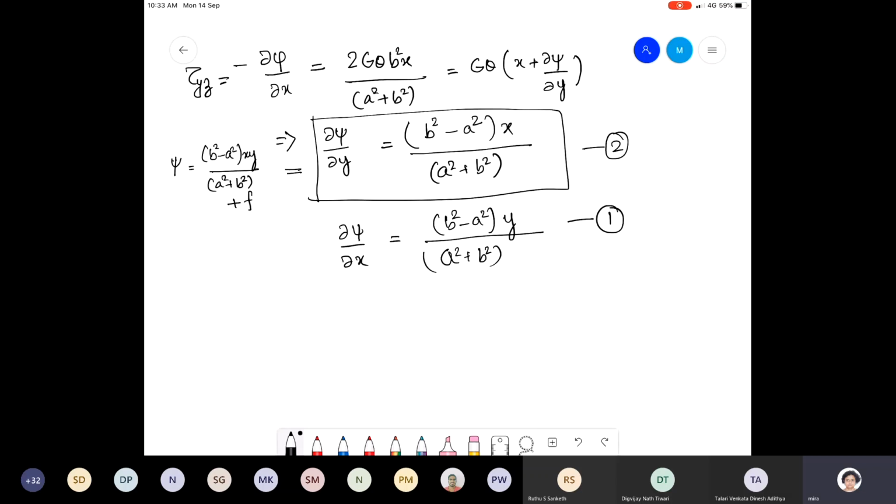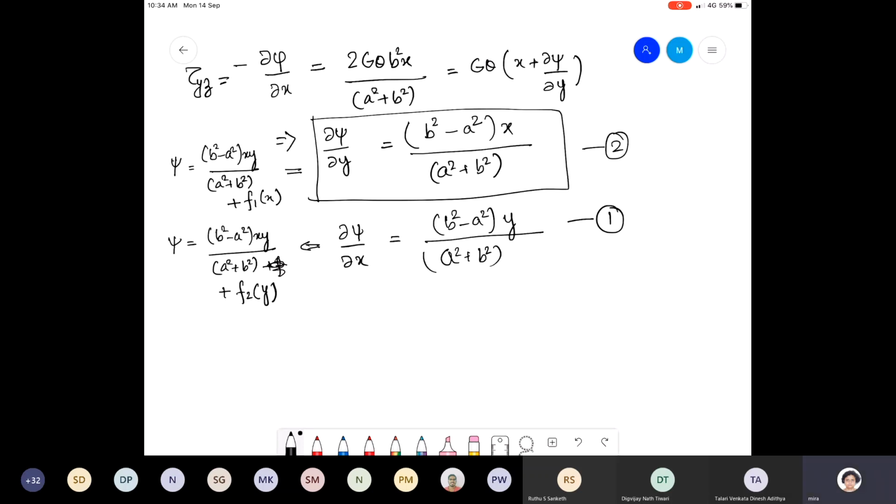plus a function of x, right? Because it is a partial derivative, it is not going to be a constant. It's going to be a function of x. Okay. Similarly, from this, I'm going to get psi, right?